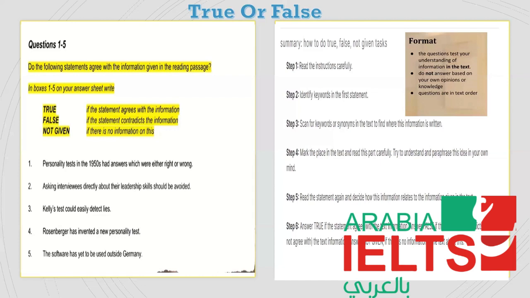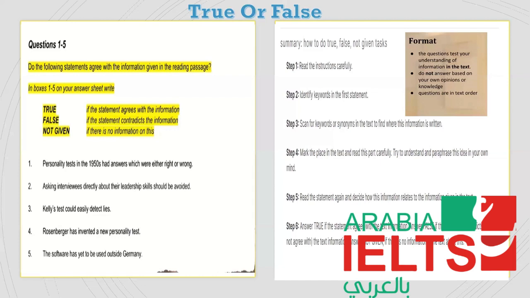This is what confuses people. If words match, the words match. That's not automatically a true, because I am just looking at one keyword at a time. You need to understand what my statement is about. If you think that you just have to match the words, that if the words are in my passage, that's true, and if the words are not in my passage, that's false, and if there are extra things in the statement that are not given, you're not going to get your points for this question.